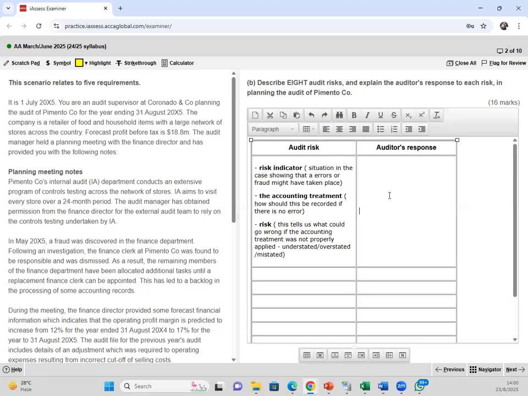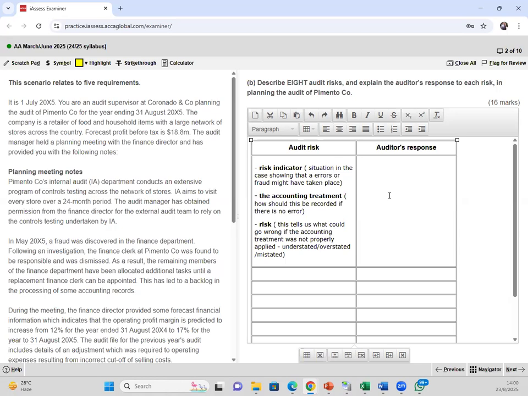Then on the response, we are talking about what the auditor should do. And please take note, this is an external audit. When you're talking about the audit response, audit risk and auditor's response, it's in the context of external auditors, the firm that is being hired.